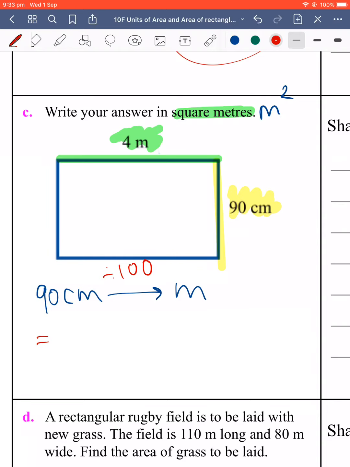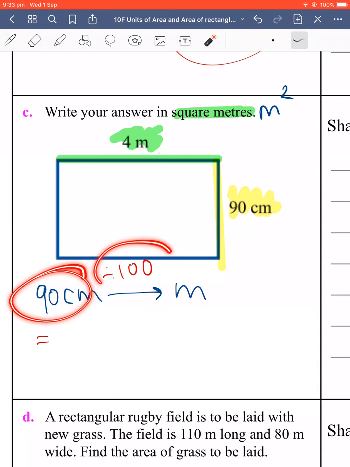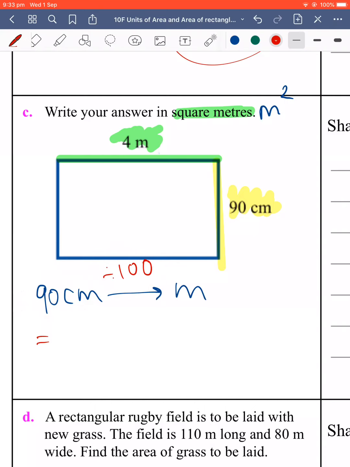So we did some of these conversions previously, so it shouldn't be too bad when you are coming across them now. But again, revisit them a little bit earlier from this chapter if you need. So if I'm dividing 90 by 100, I end up with 0.9 meters. I can now rewrite this one as 0.9 meters.